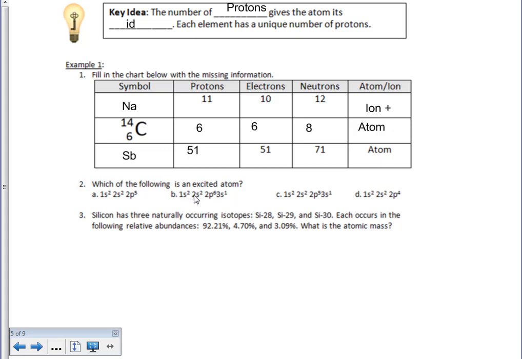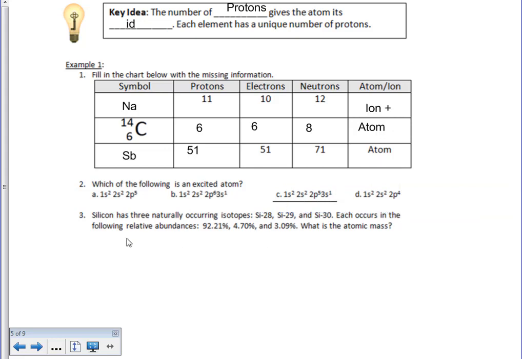So we have 2, 8, 1. When you're looking at C, you have 1s2, 2s2, 2p5, 3s1. Therefore, you can see that the second principal energy level is not completely filled. It would only have 7 electrons instead of 8. Therefore, C would be your excited state here. So this would be the one that you would choose.